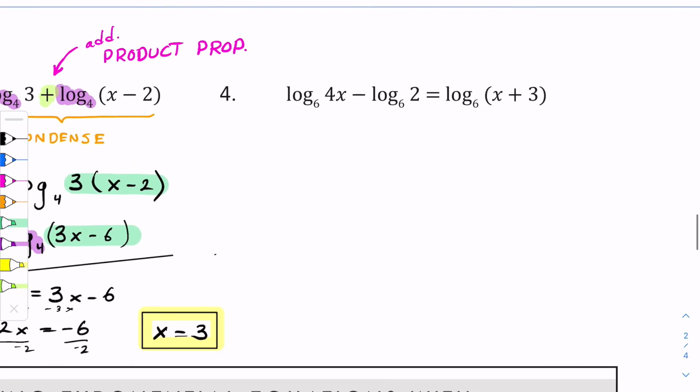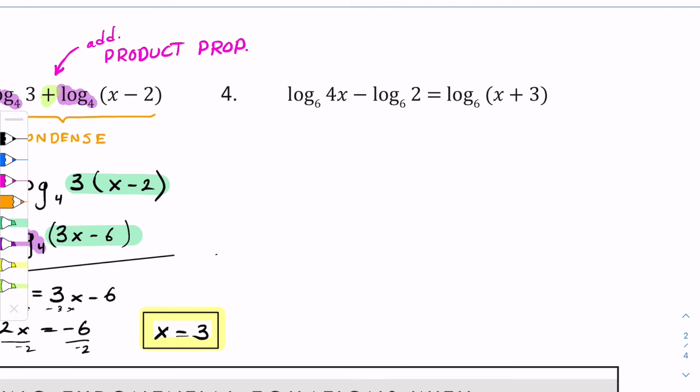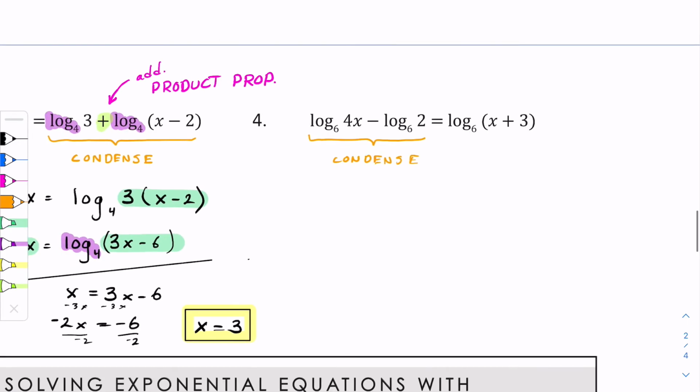And lastly, number 4. Number 4, we also have to condense. We have log base 6 of 4x minus log base 6 of 2 is equal to log base 6 of x plus 3.